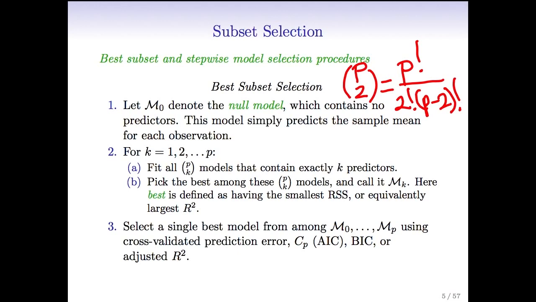There are a number of techniques that we can use to choose a single best model from among M0 to MP. These include prediction error estimated through cross-validation, as well as some methods that we're going to talk about later in this lecture, which you might not have seen before. These include Mallow's Cp, Bayesian information criterion, and adjusted R squared. So we'll come back to some of those topics in a few minutes.